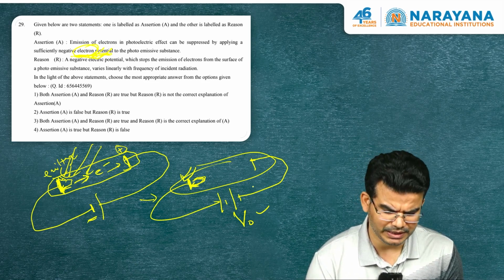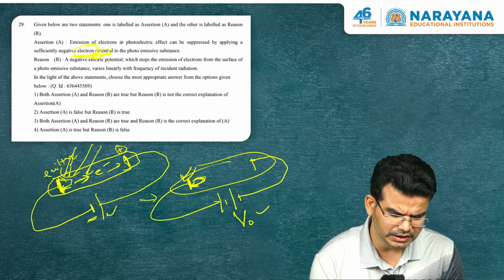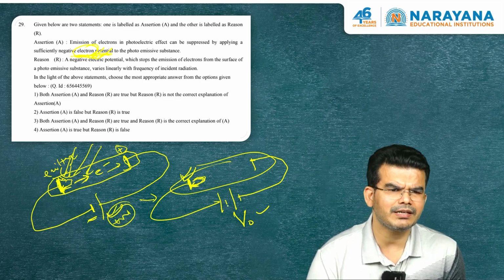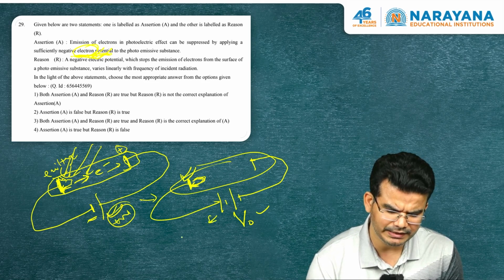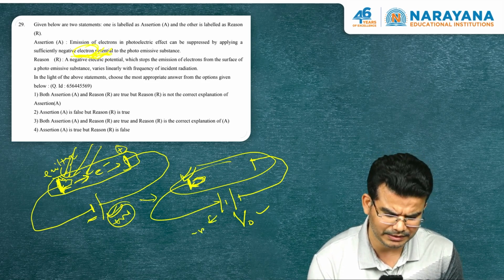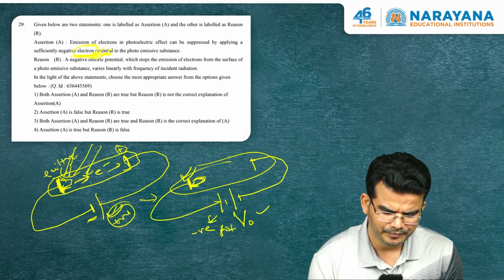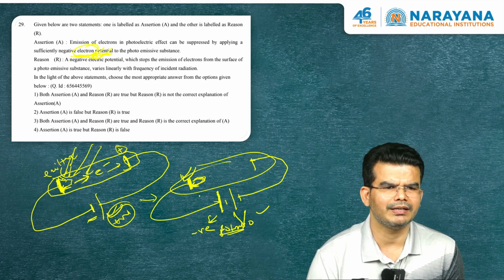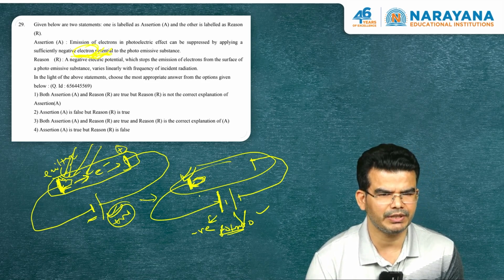Collector means the anode we are talking about. So, if I am assuming this potential as positive, then its polarity is just opposite. So, generally in the literature, in books, we have found this as negative potential. But you can see, even if it is negative potential, the polarity of this battery emitter is always connected with what? The positive terminal for the stopping potential case.